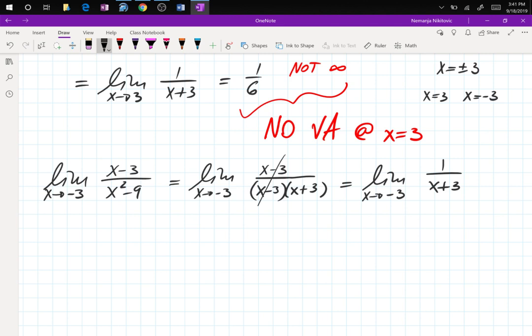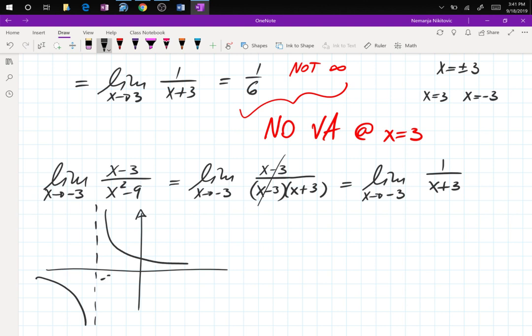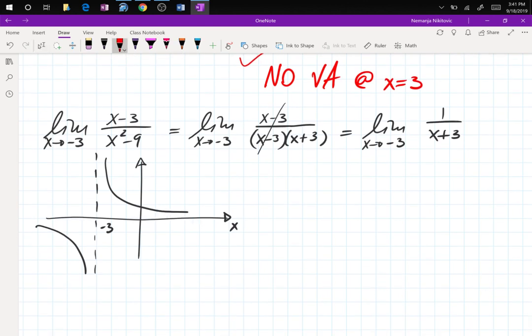Now the plus 3 on x will ask us to shift 1 over x to the left, to negative 3. And now, for the red approach, we have negative infinity. For the blue approach, you have positive infinity.